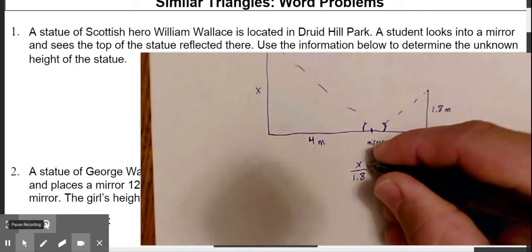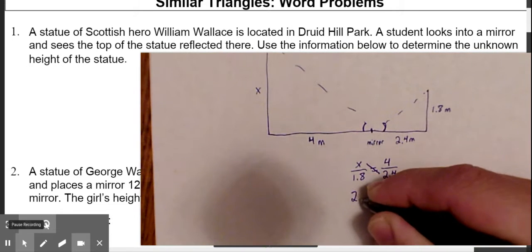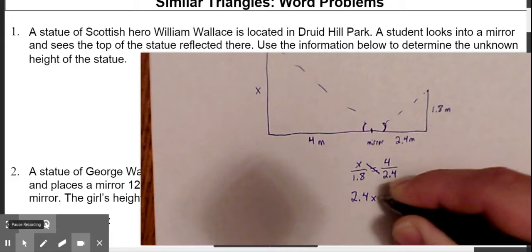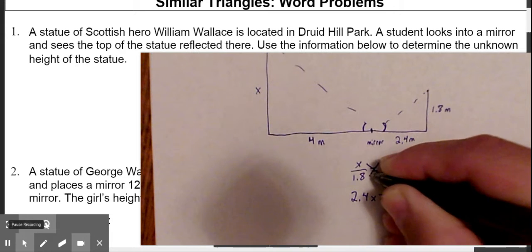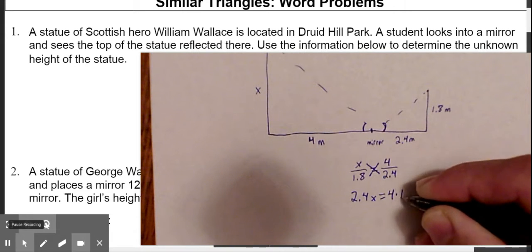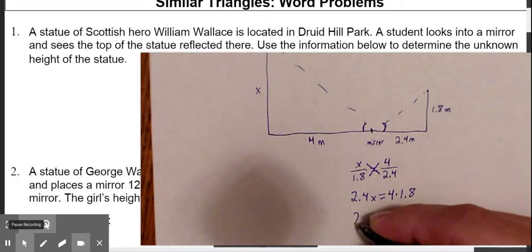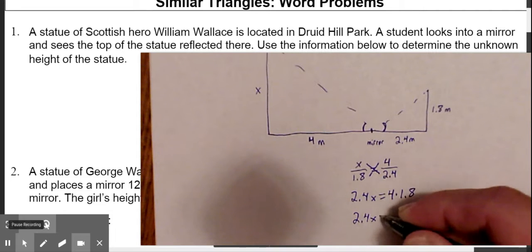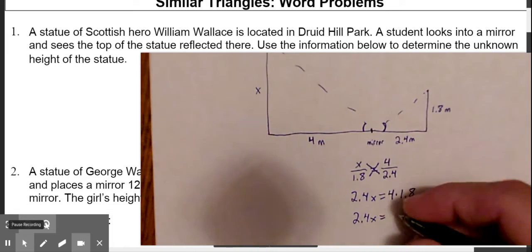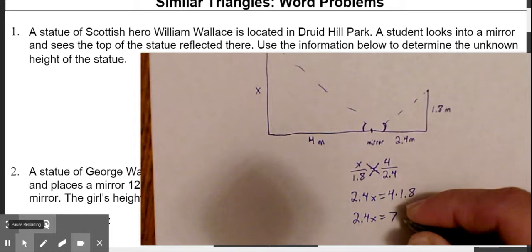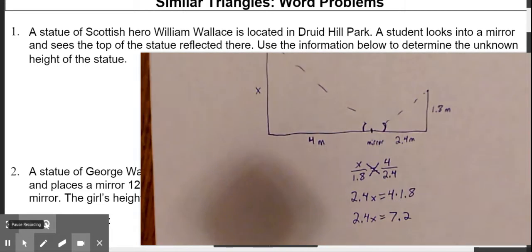I can multiply the 2.4 meters with the x, so 2.4 times x equals, I can multiply the 4 with the 1.8, and that would mean that 2.4x would equal 7.2 when you multiply 4 and 1.8.